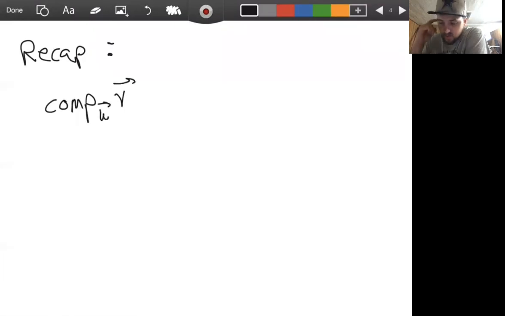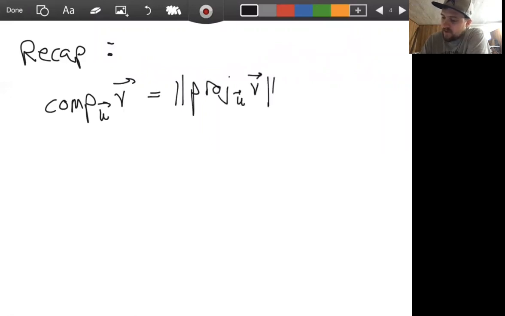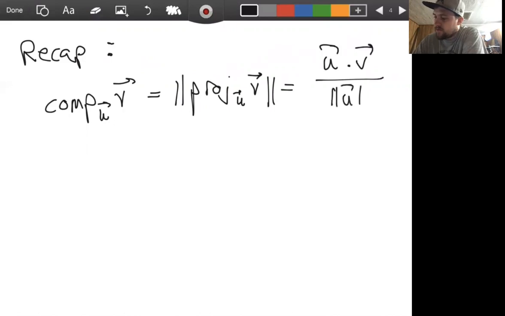So let me recap here. What have we derived? We've derived that the scalar projection, which we denote by comp v sub u, is equal to the magnitude of the projection vector, which is the projection of v onto u, which we learned is u dot v over the magnitude of u.